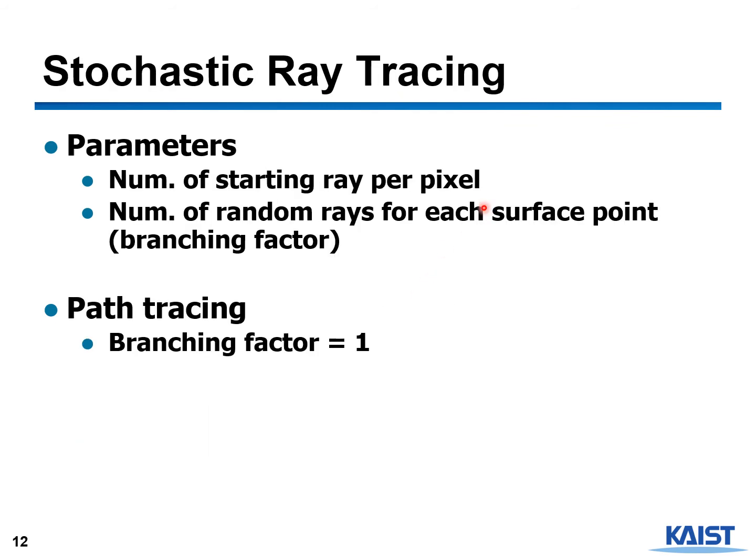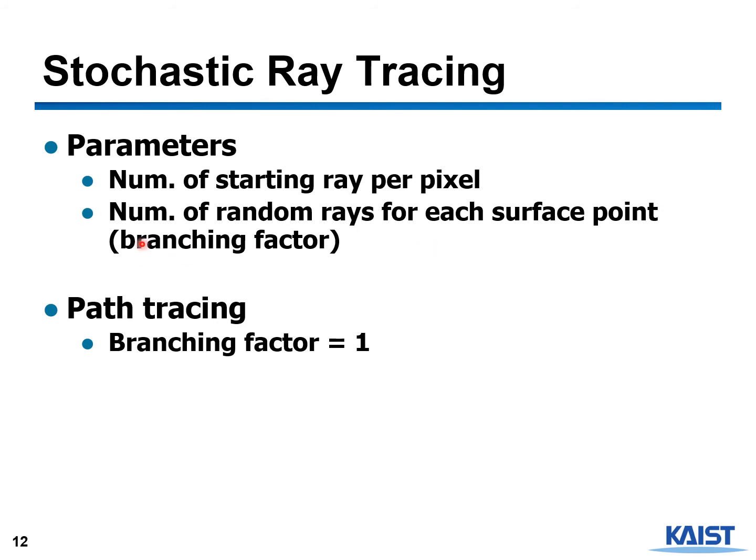So there could be many different parameters. So far, I'm talking about Monte Carlo ray tracing, also known as stochastic ray tracing. We can have a starting number of primary rays per pixel, which depends on n in the Monte Carlo ray tracing. Also, at each intersection point, we can generate multiple random indirect rays.